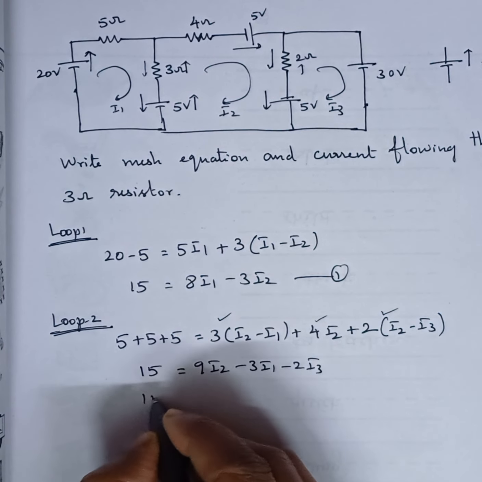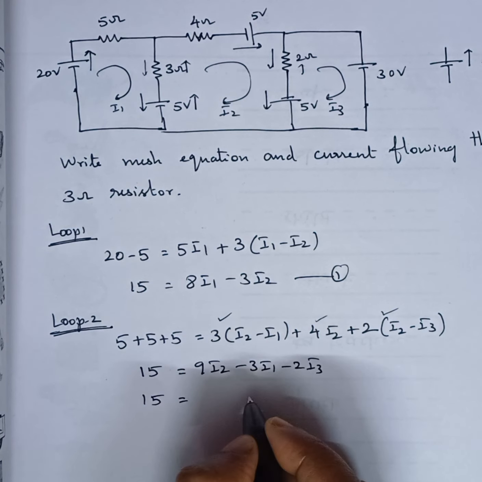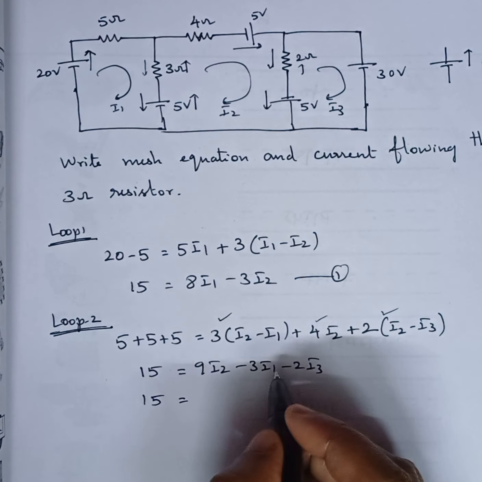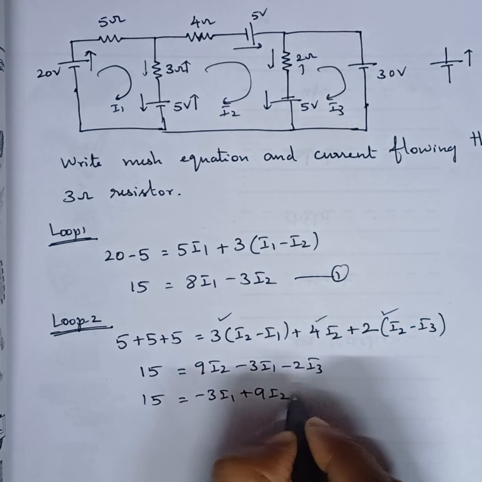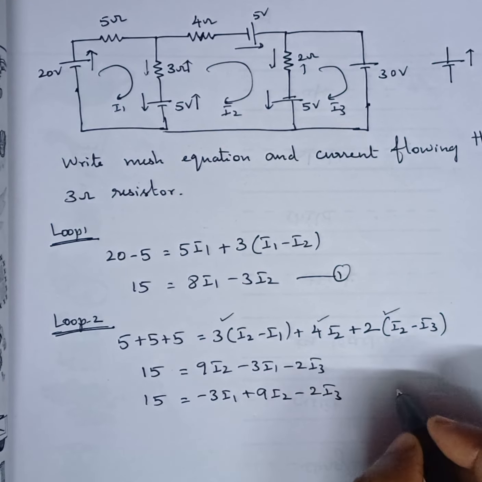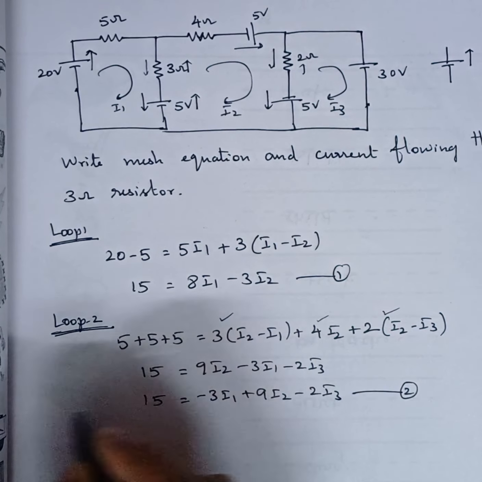Again I rearrange this as coefficients of I1, I2, I3, correct? So minus 3I1 plus 9I2 minus 2I3. This is my second equation, correct?